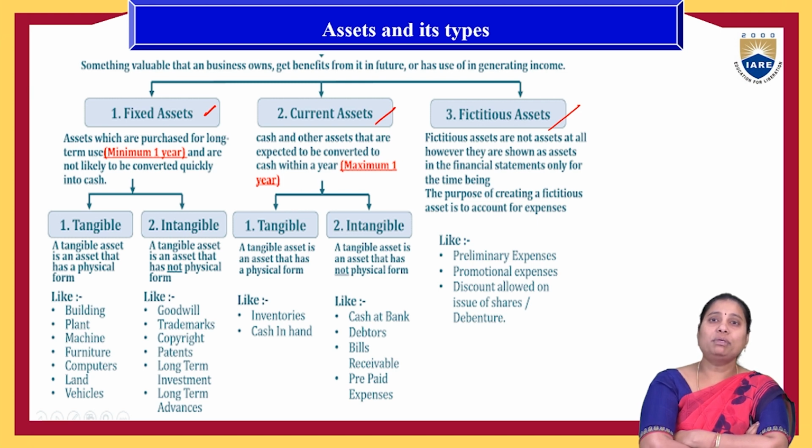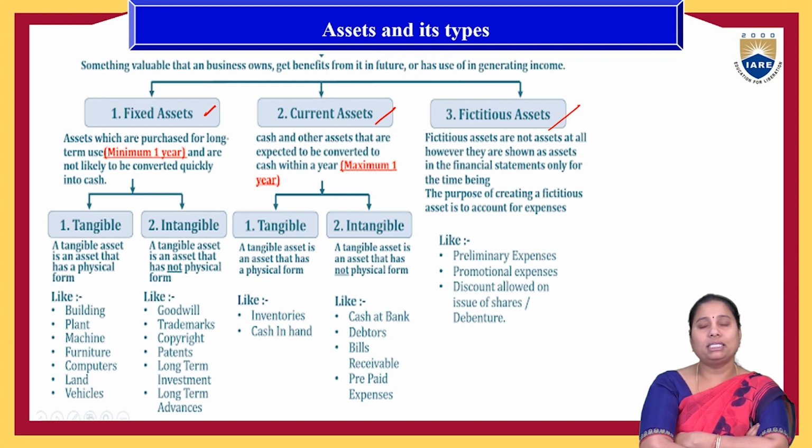Then, tangible current assets are the inventories, cash in hand, cash at bank, stock, raw materials which they have purchased, etc. Intangible current assets means the debtors, bills receivable, prepaid expenses.